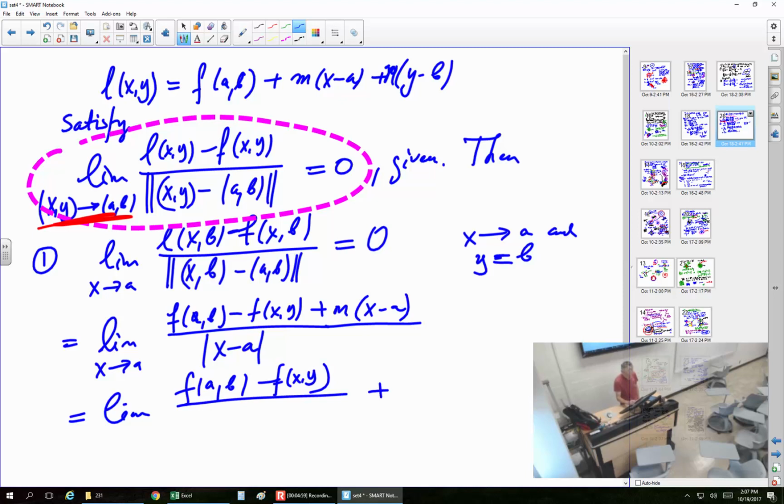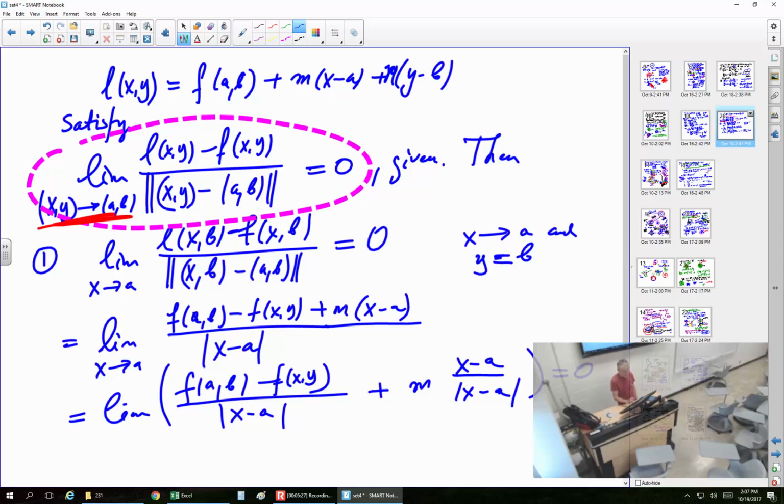Plus m(x minus a). This thing is equal to 0. That is given. What are we trying to establish? We're trying to demonstrate that m is in fact the partial derivative.